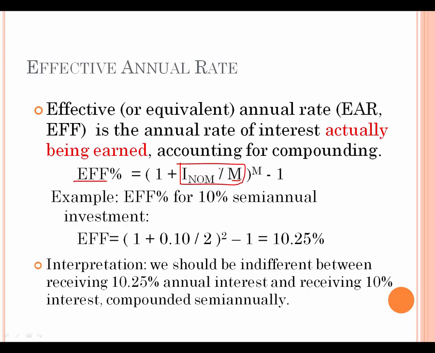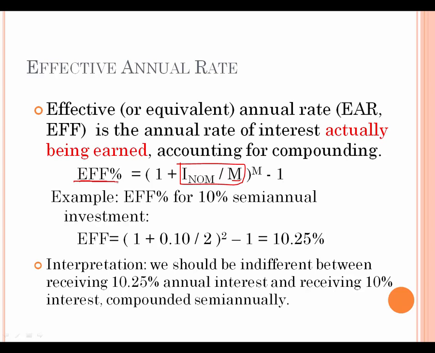And then you compound for m times in a year. So again, for example, if it's monthly compounding, since we have 12 months in a year, then you compound 12 times within a year, and then you use this result minus 1, and that gives you a so-called effective or equivalent annual rate, EAR, or sometimes EFF.